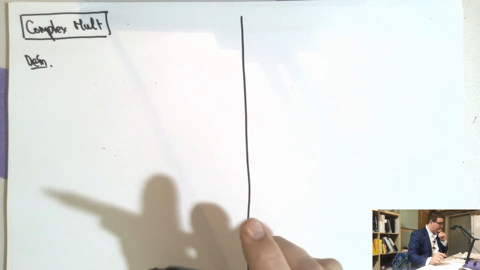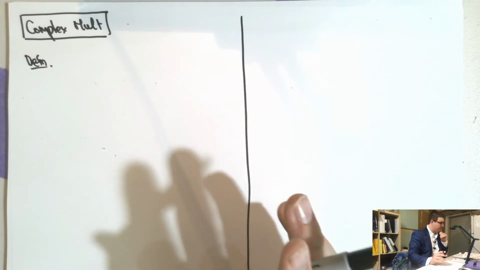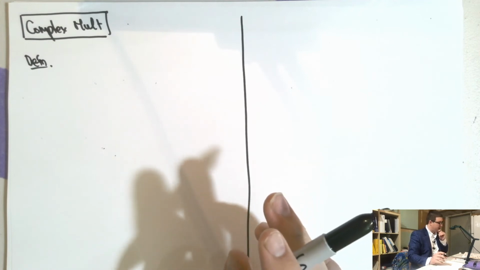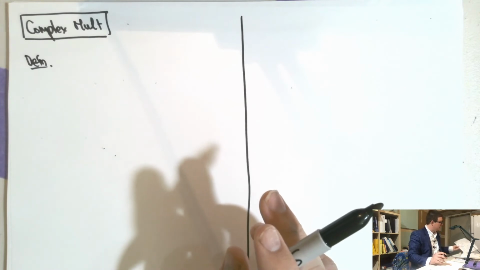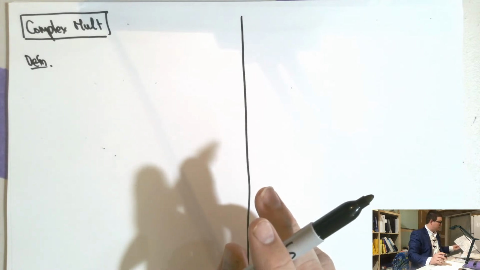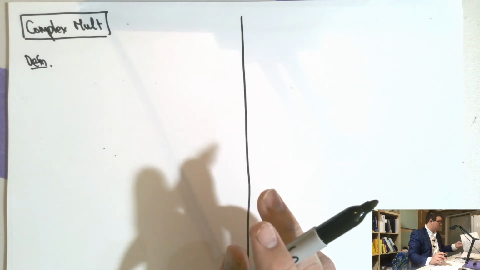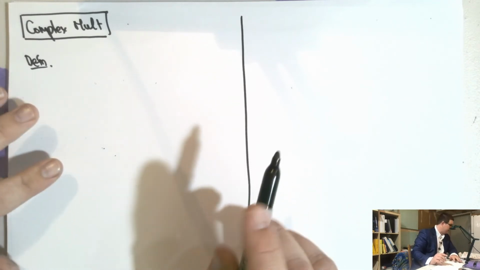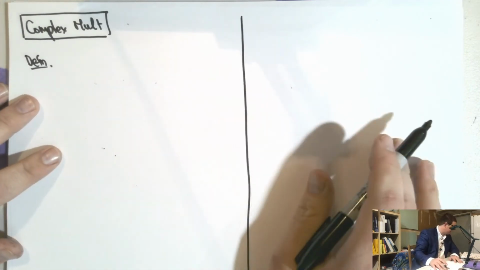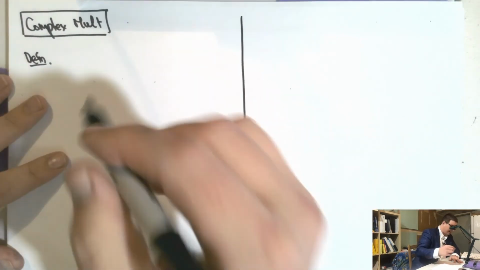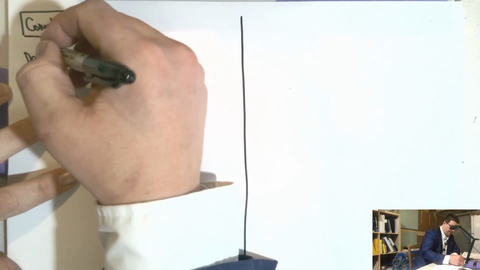Do I need to say what a complex multiplication is? Maybe not. I guess I do, because I need to say sufficiently many complex multiplications, and it really matters. So let me just do this quickly.